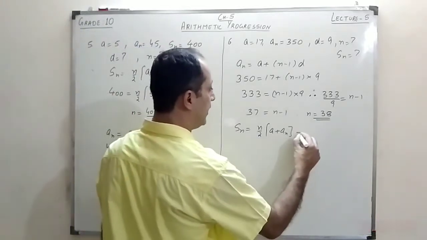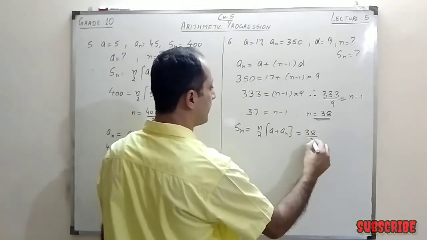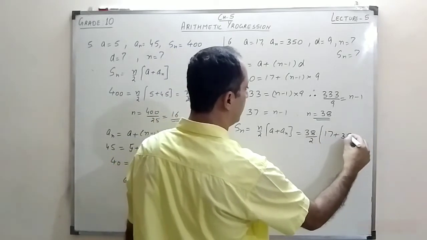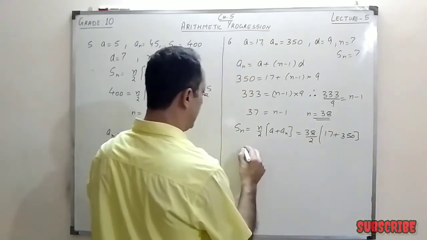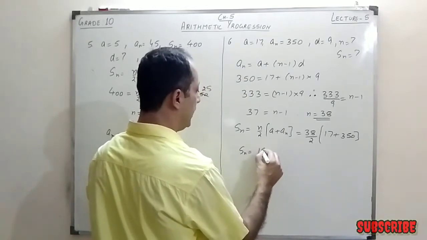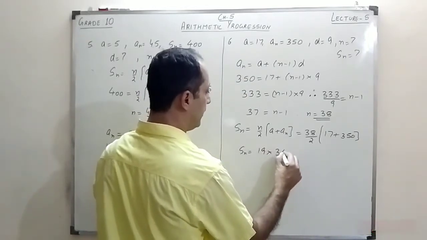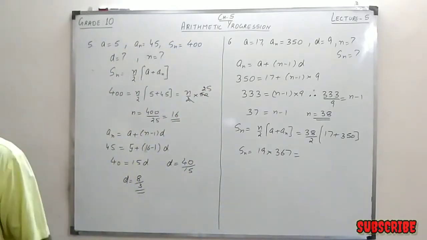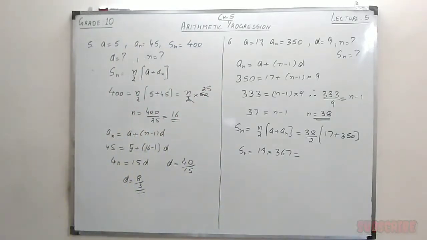So I write 38 by 2, in the bracket 17 plus 350. So Sn will be equal to 19 into 367, and you can calculate this yourself, right? So it's quite a simple question. Let's go to the next question now.